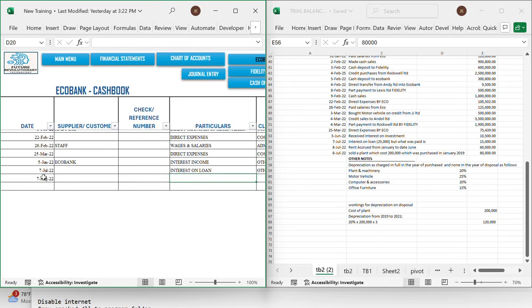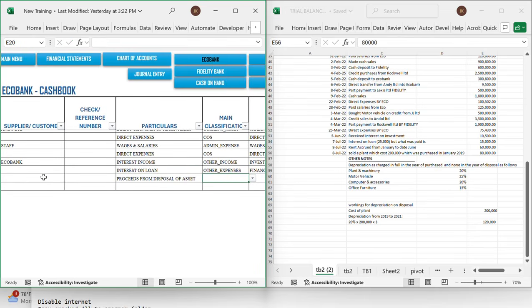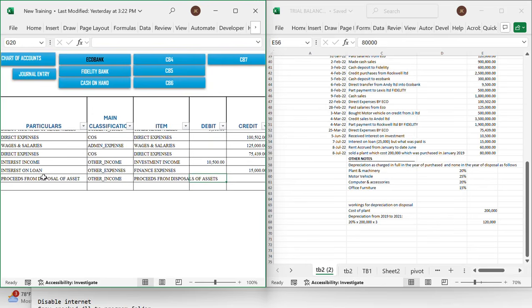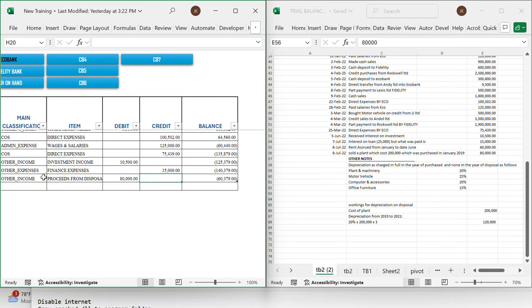So we can say proceeds from disposal of assets, right? And like I explained, it should be other income and proceeds from disposal of assets, the sub classification. We are receiving 80,000. So we are done with the first part.